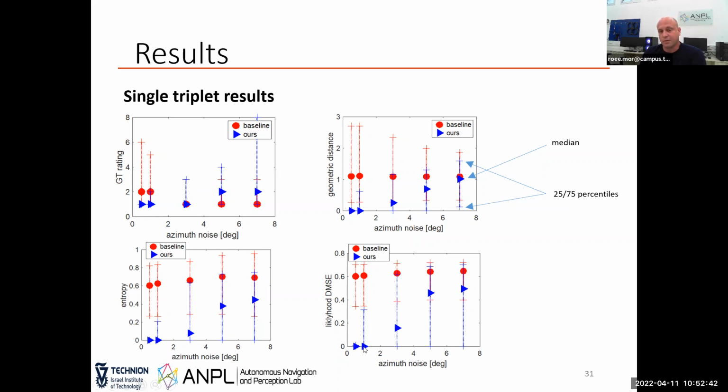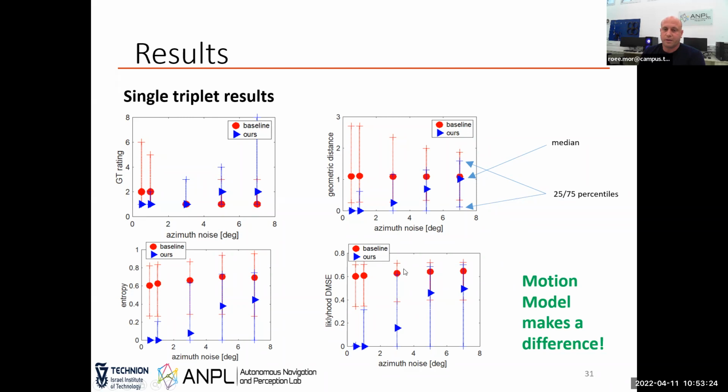The results are really close to the ground truth. 3 degrees of azimuth error is a very high noise for camera measurements. So practically, if you use a camera, even not a very good quality camera, the azimuth noise is going to be typically less than 3 degrees, and then you're going to get a really good estimation. So the conclusion is that for practical users, the estimation is going to be very good, and this method could be practical.